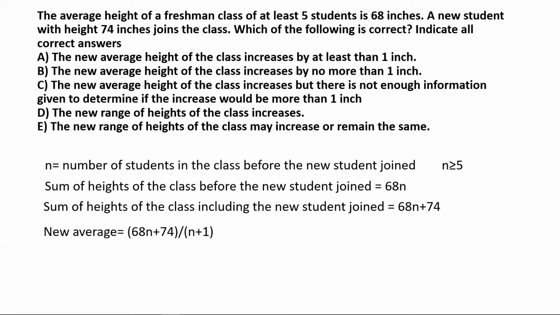We break this up by doing a little trick. In the numerator, we break up 68n + 74 as 68n + 68 + 6, so we break up 74 as 68 plus 6. Then we can break this up as (68n + 68) divided by (n + 1) plus 6 divided by (n + 1).